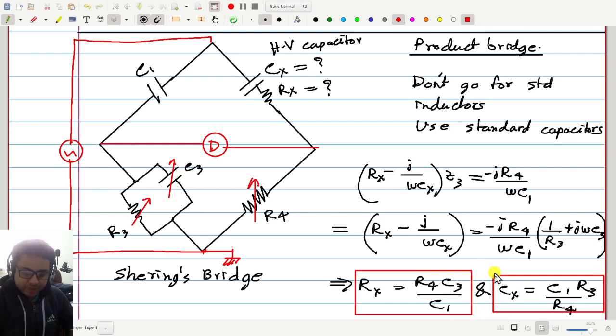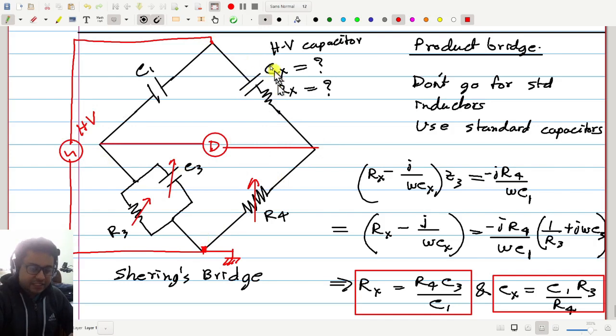Now the nice thing is that we choose these two impedances of a lower value compared to these two impedances. Therefore, what will happen? This is a high voltage, and this high voltage is dropped from here to here.